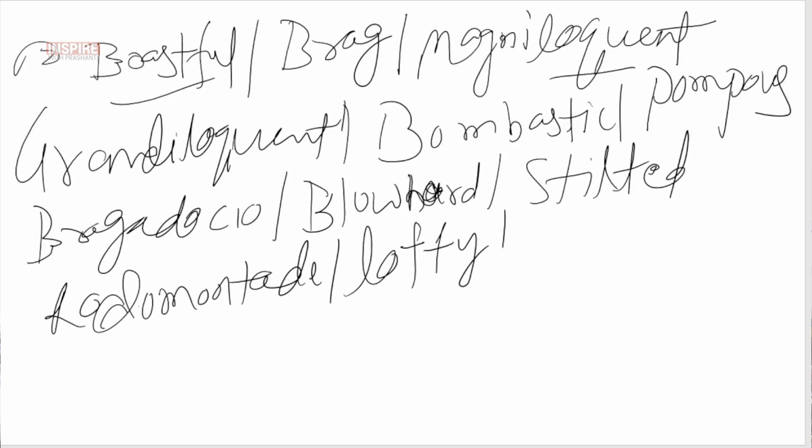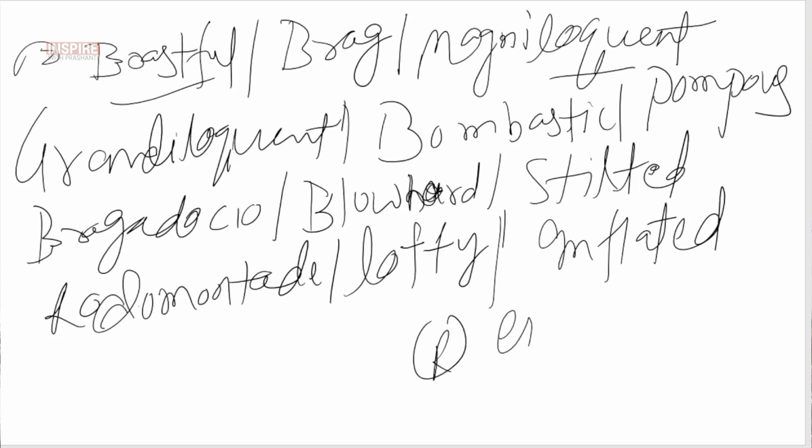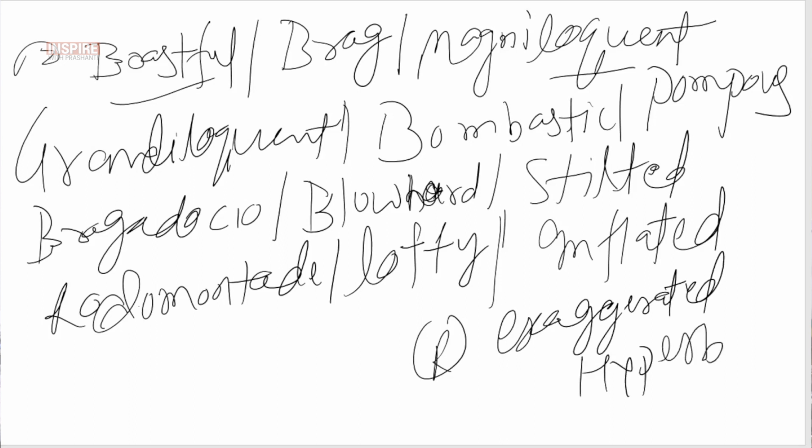Another word in a very similar segment is inflated. So when your language is inflated, okay? And as a related word, I would put exaggerated, or another top word which is hyperbole or hyperbolic. Guys, when you see this particular family, you really understand that people who talk big, the way they do it is exaggeration, it is hyperbole, right?